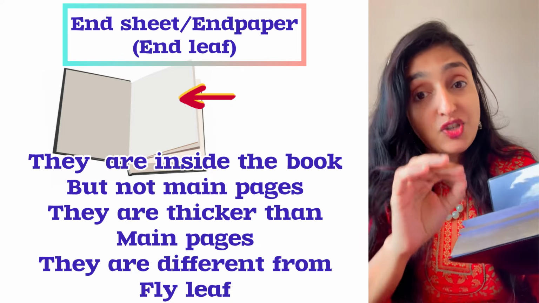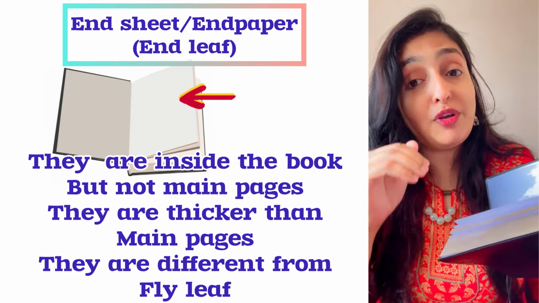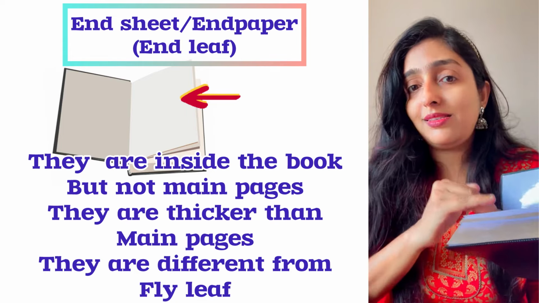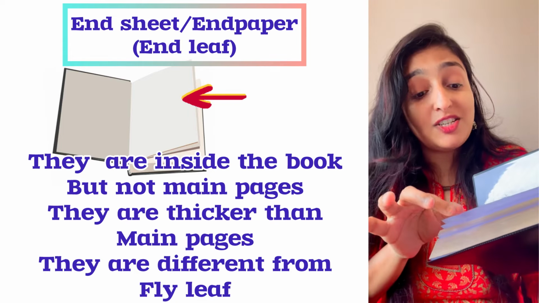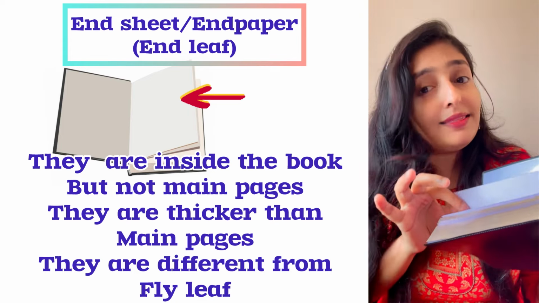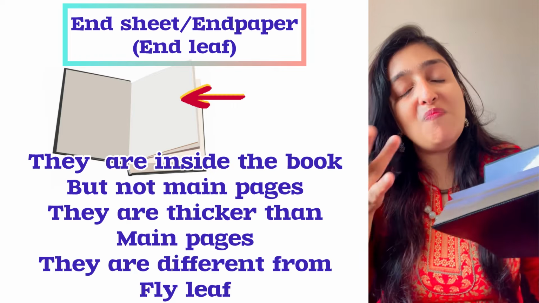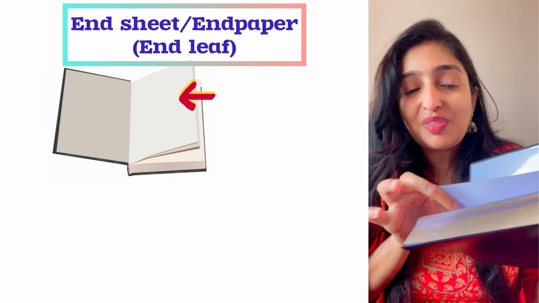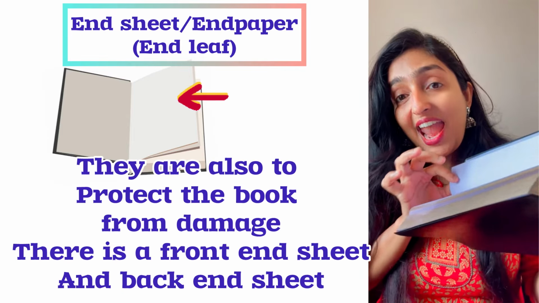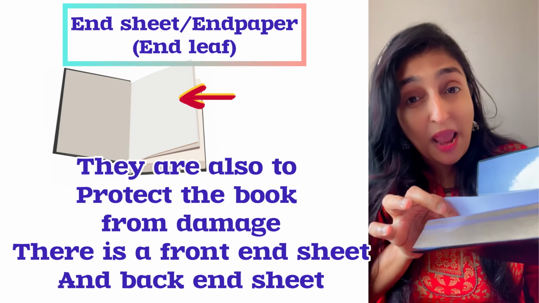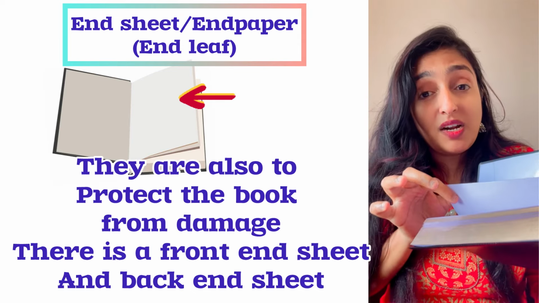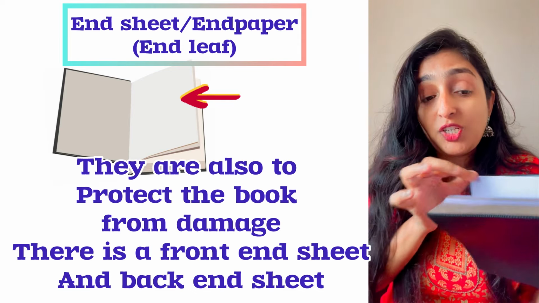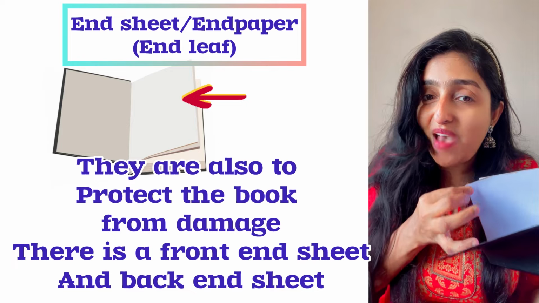And these sheets are different from the flyleaf, which we discussed earlier. These sheets are slightly thicker than the main pages on which words are printed. So, you call it end sheet or end paper or end leaves. There is one or two at the front, one or two at the back side also.